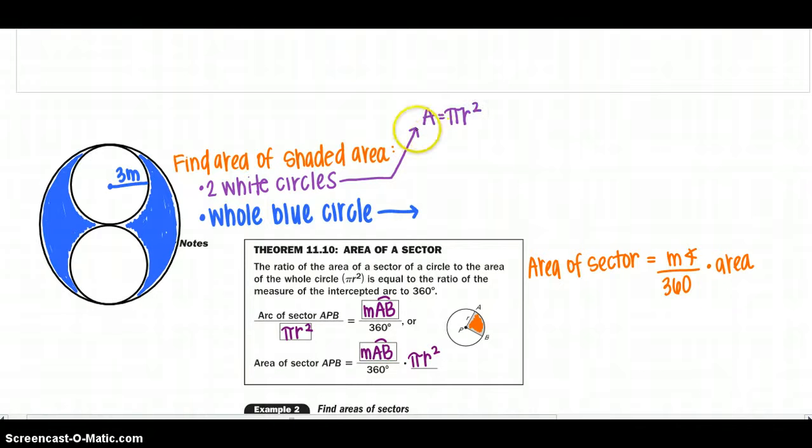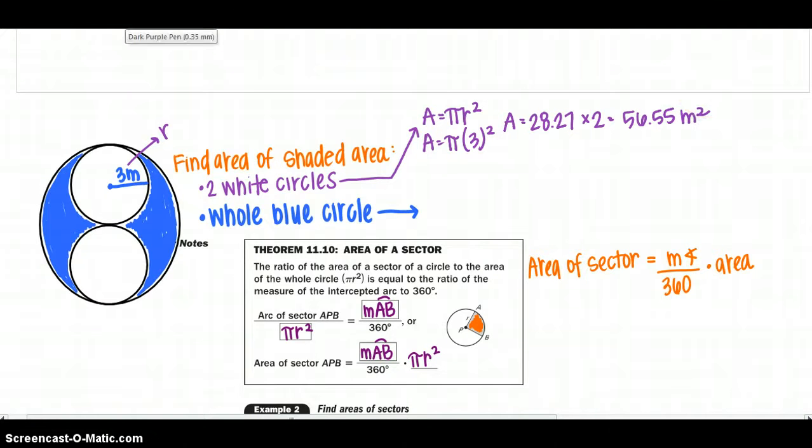I know my radius is 3, so my area equals pi times 3 squared. My area of 1 circle would be approximately 28.27, and I have 2 of those, so I'm going to multiply by 2. So I would get 56.55 meters squared for both of my unshaded circles.